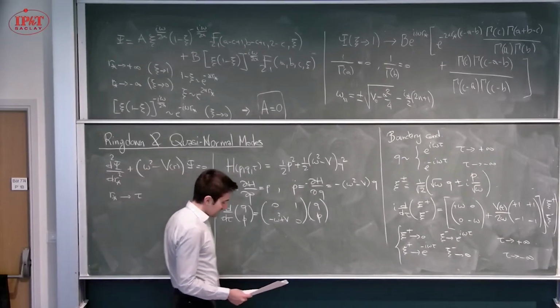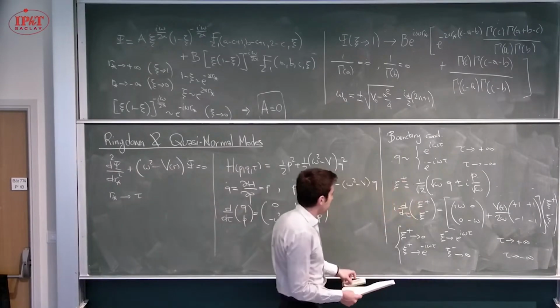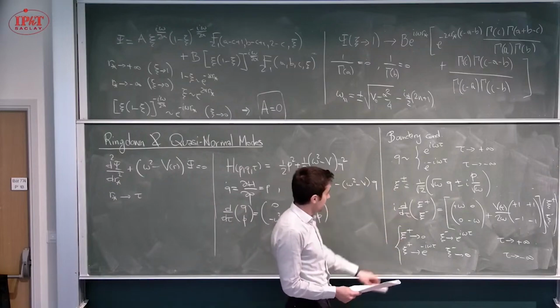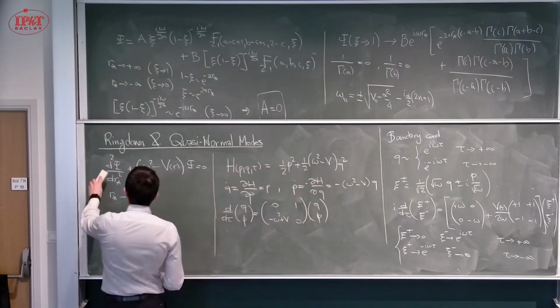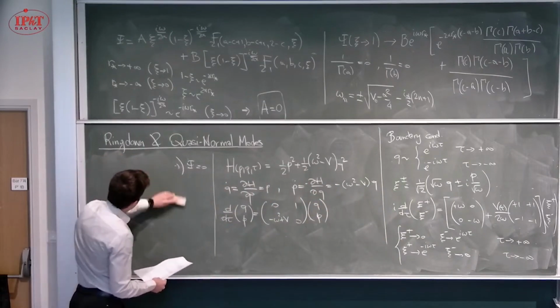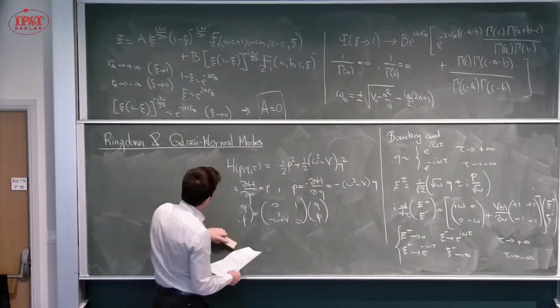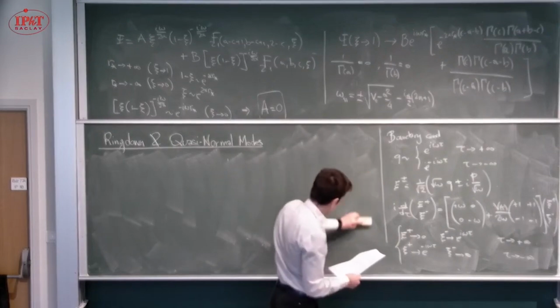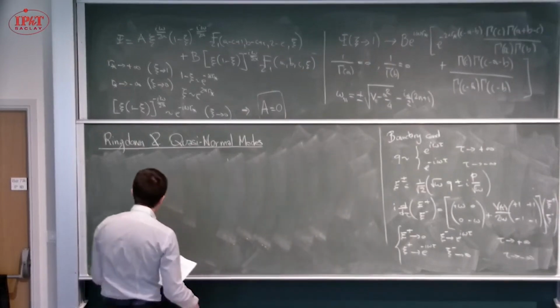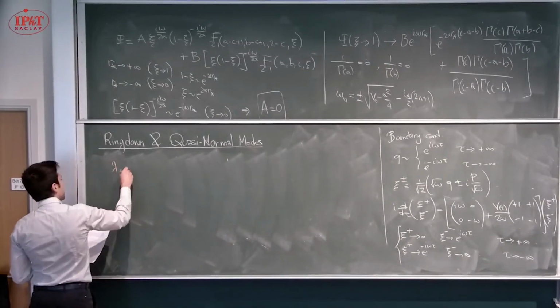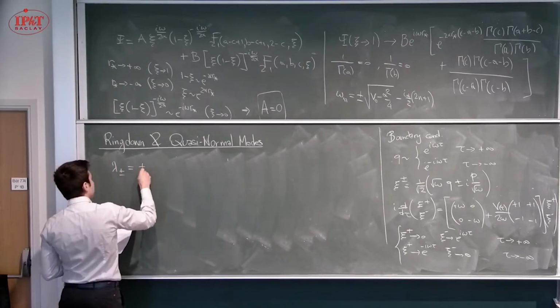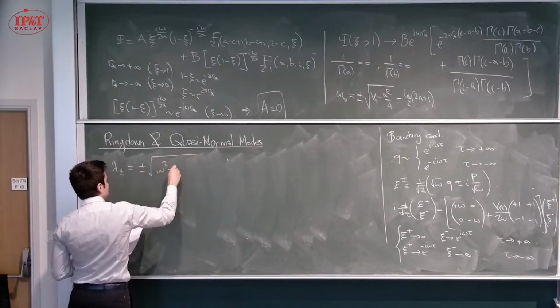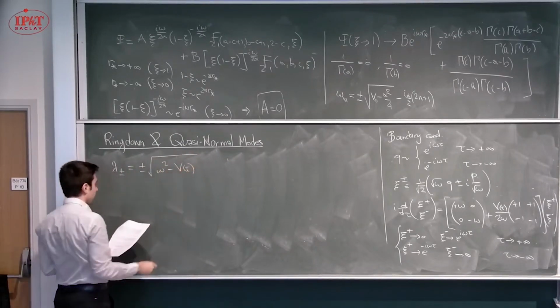Well, let's compute the eigenvalues associated to this system. The two eigenvalues, let's call them lambda plus minus, are just plus minus omega squared minus v of tau. Okay?